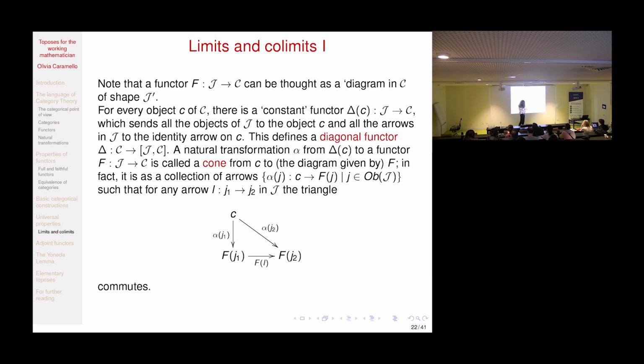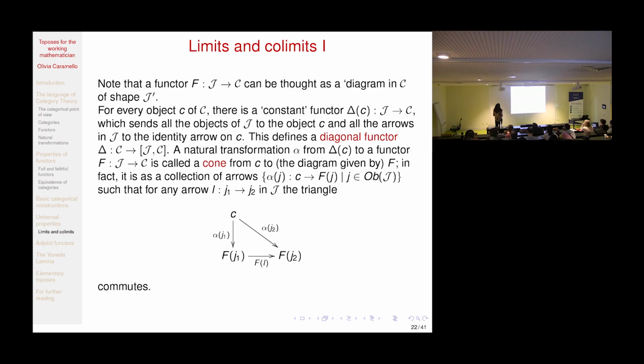And of course, because the objects of the source category can be related to each other by arrows in the source category, one requires some compatibility conditions relating these arrows. So one requires, more precisely, that all the triangles of this form commute. So this is the notion of cone.